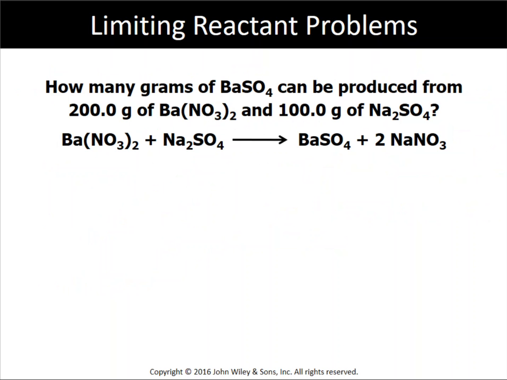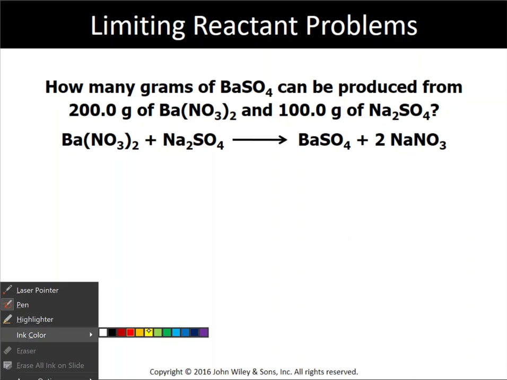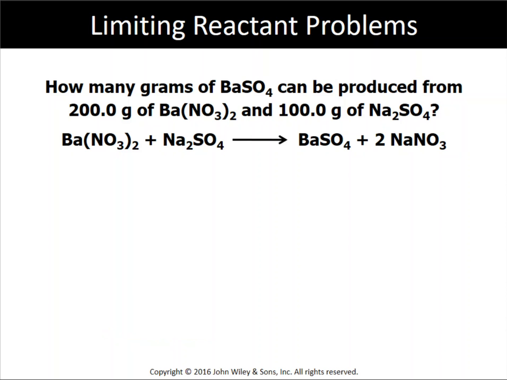So how many grams of barium sulfate can be produced from 200 grams of barium nitrate and 100 grams of sodium sulfate? So let's first find out if any of the reactants is in excess or not. So starting from 200 grams of barium nitrate, we want to find out the amount of barium sulfate that's going to be produced.